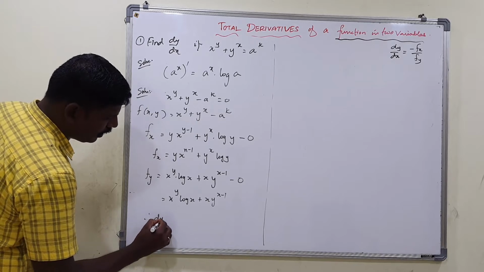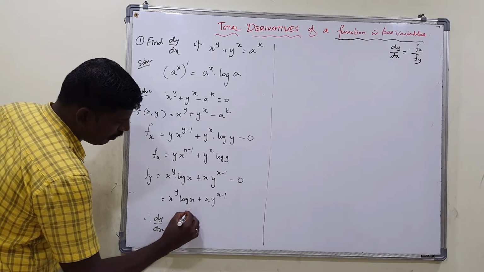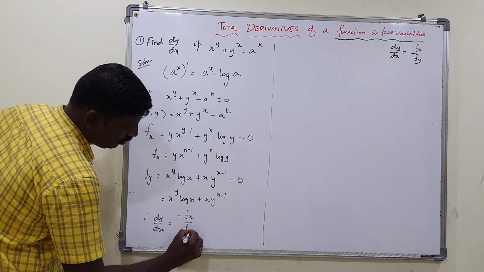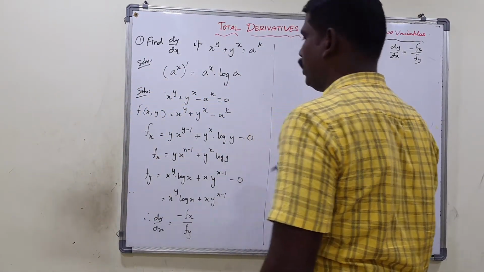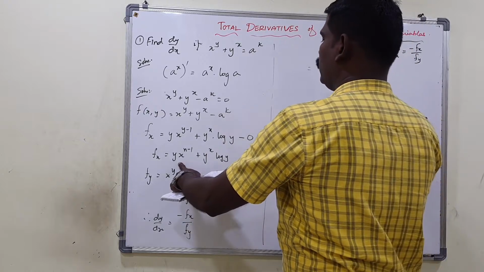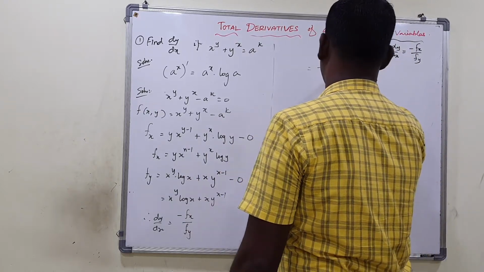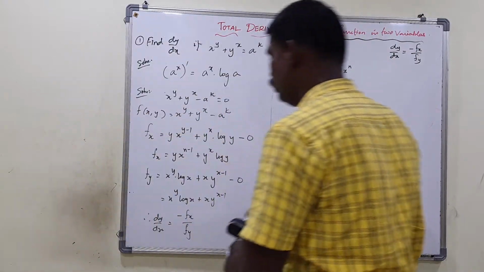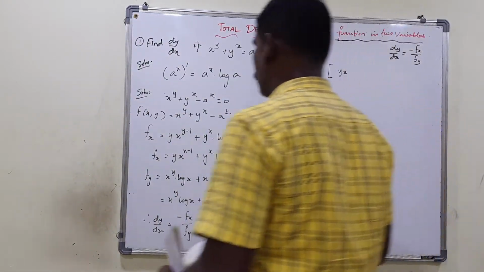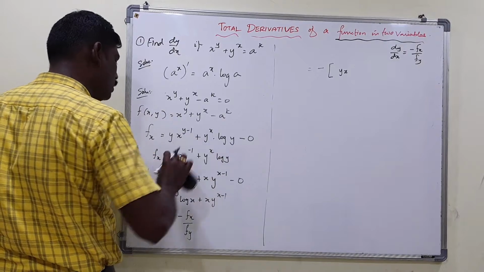Therefore, what is dy by dx? Minus fx by fy. That is equal to minus, what is fx? It is here, isn't it? Sorry, here it is y minus 1, isn't it?